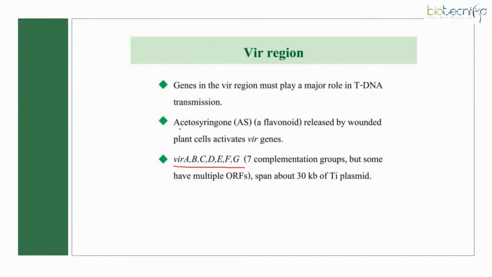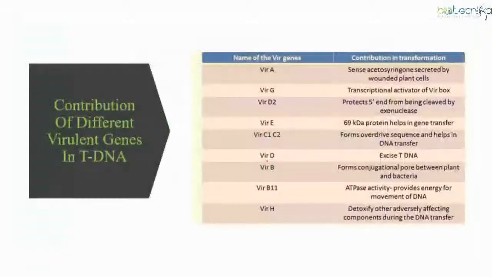And as you told me, yes, acetosyringone, which is a kind of flavonoid, is being released by the wounded plant cells so that they can activate the virulent genes. So these are the contributions of different virulent genes when it comes to tDNA. So the very first gene, which is considered to be the sensor for the wound or injury which I had mentioned, will be the virulent A gene.